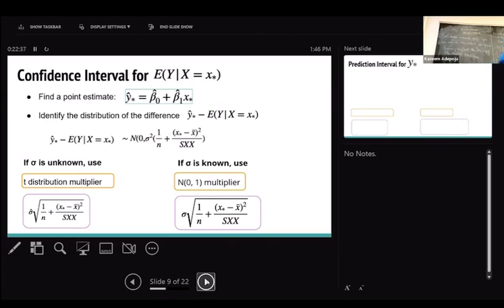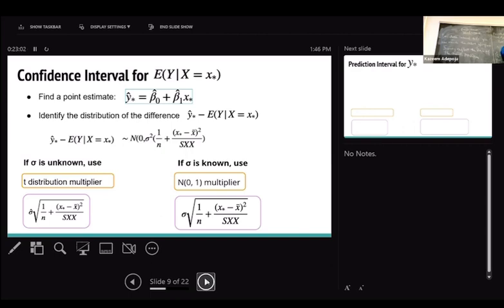Now, if I'm working on mean, it depends on the situation. There are two parameters in a normal distribution, mu and standard deviation.